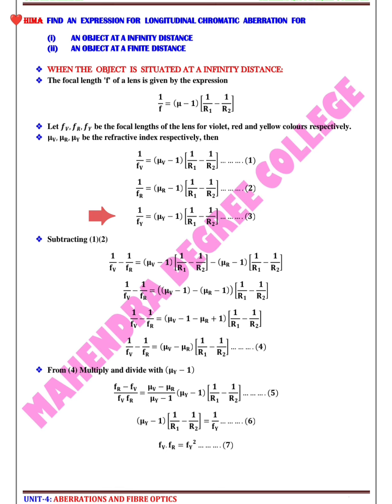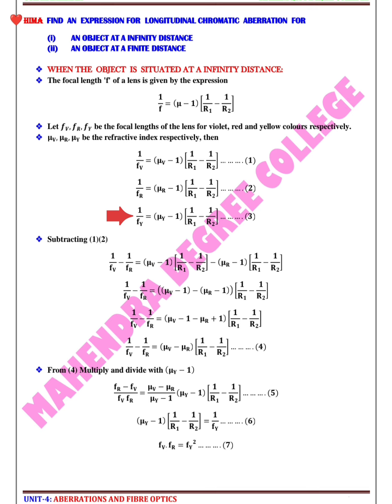For yellow light, 1 by Fy equals mu y minus 1 into 1 by R1 minus 1 by R2.